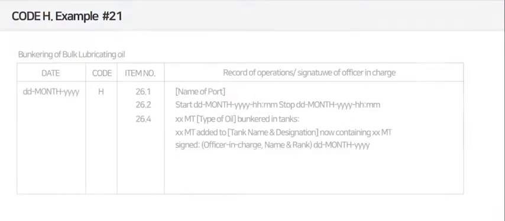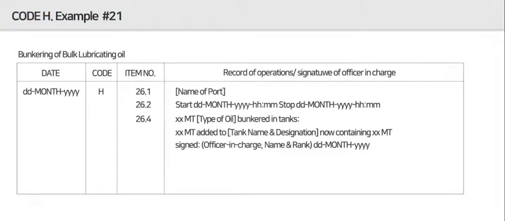Example 21, when supplying lubricating oils. Item 26.1, name of port. Item 26.2, supply time.